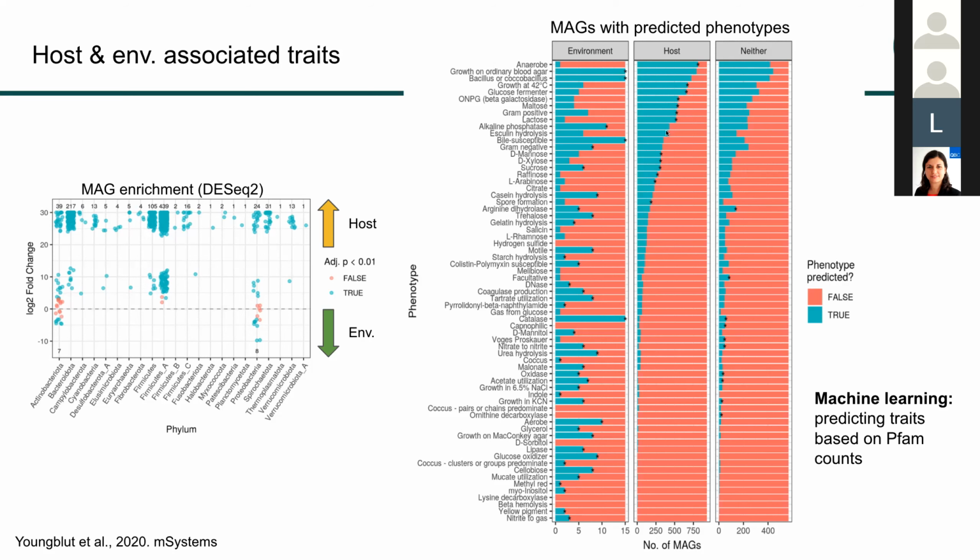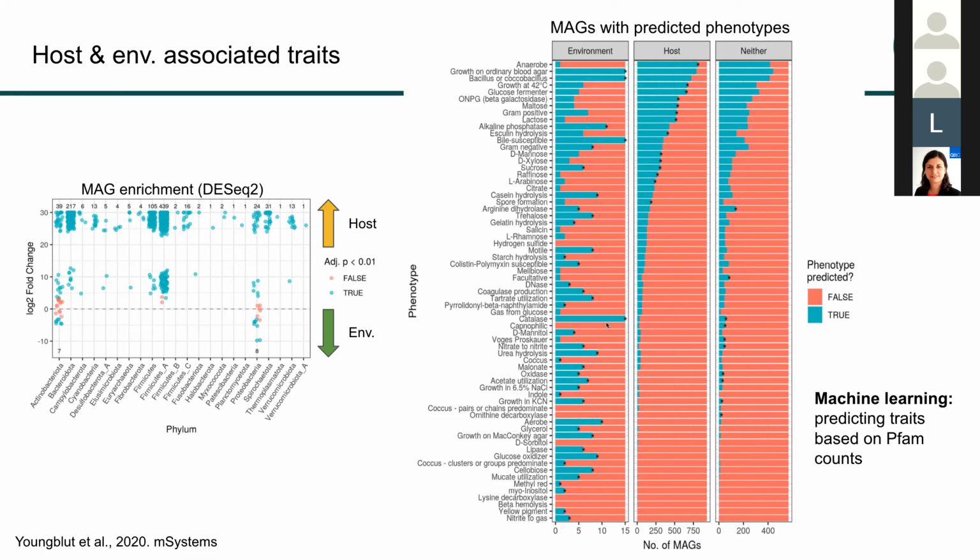significant in either biome. And so you can see here for the host MAGs, as you might expect, they were significantly enriched in the anaerobe traits, so mainly anaerobes. And actually, you saw the opposite for the environmental MAGs, where down here, they're significantly enriched in aerobes.